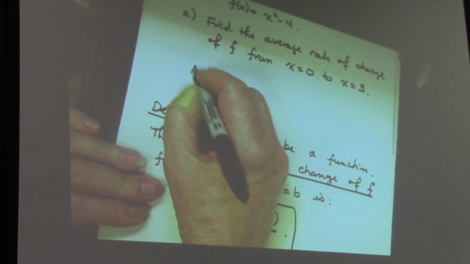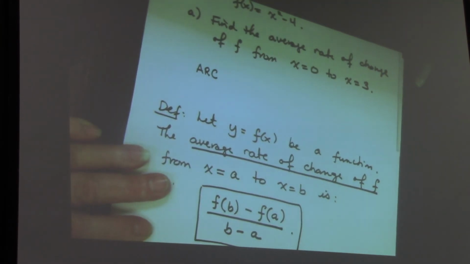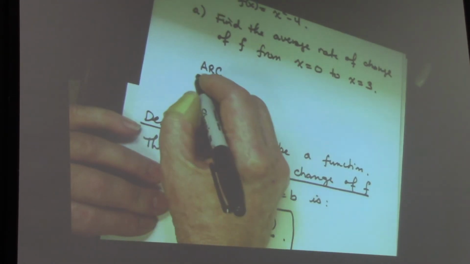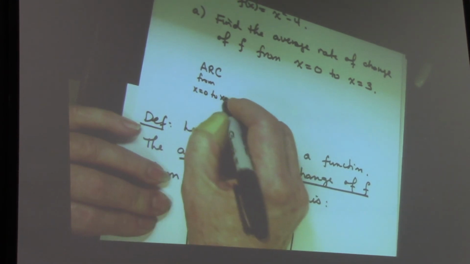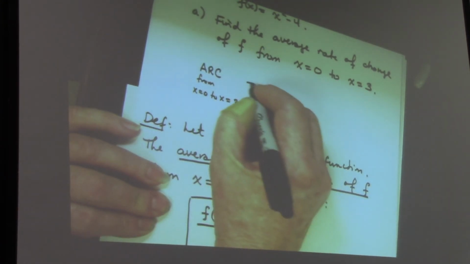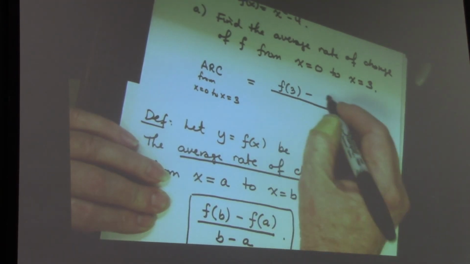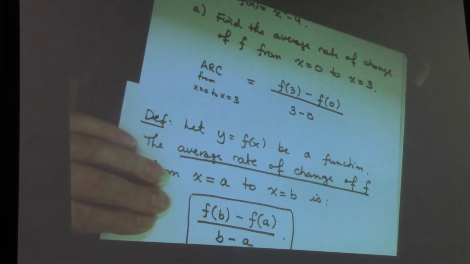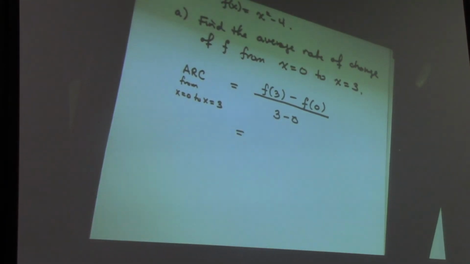Sometimes people say ARC for average rate of change. So the ARC from x equals 0 to x equals 3 is f of 3 minus f of 0 over 3 minus 0. Right now, we're not worried about units, we're just going to get a number.